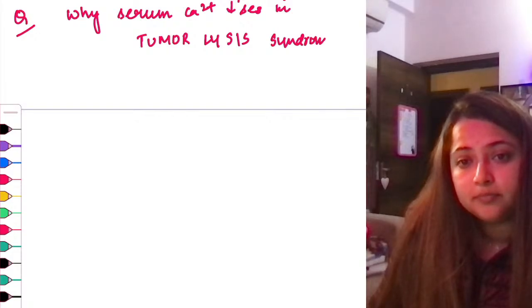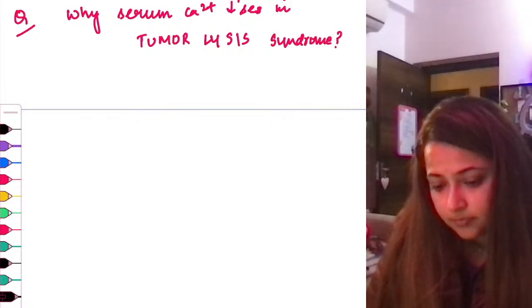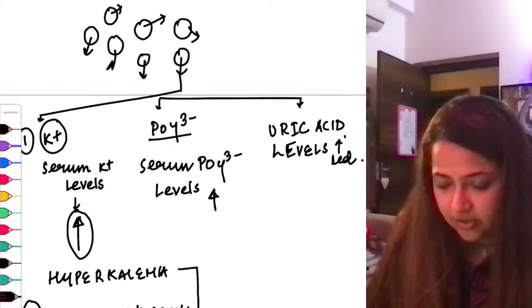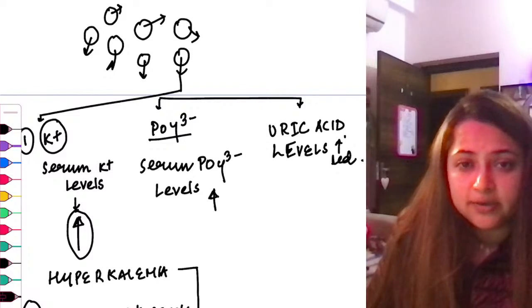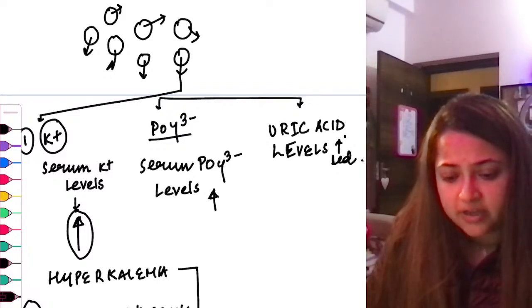What is the reason? Anyone? Just now we talked, these are the three things that are going to be increased when tumor lysis syndrome takes place. But what is the role of calcium here?